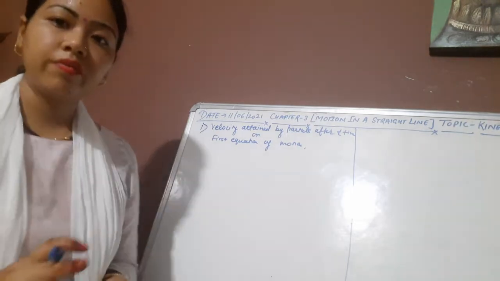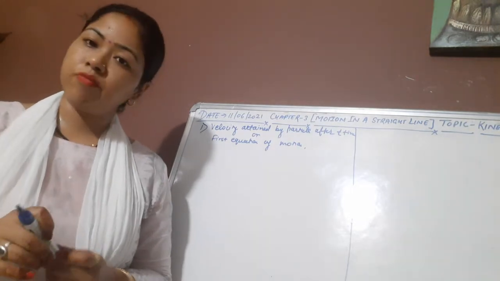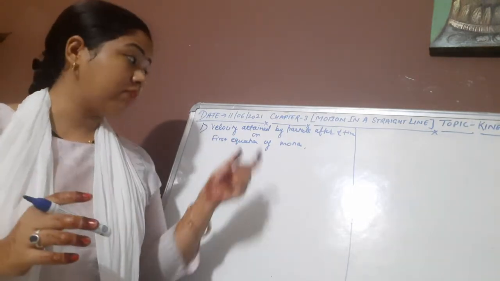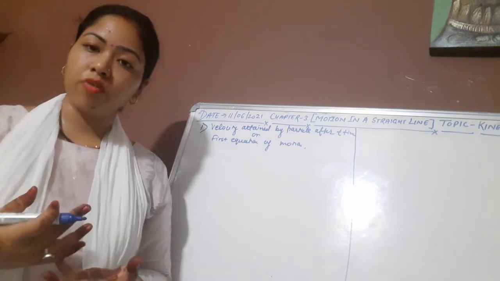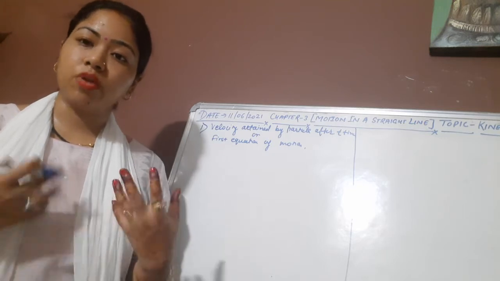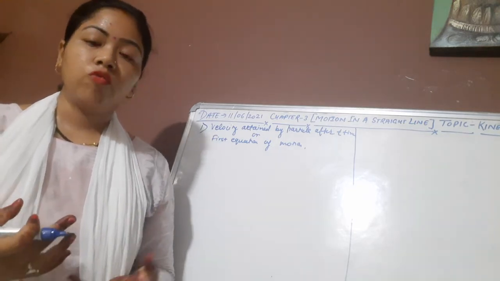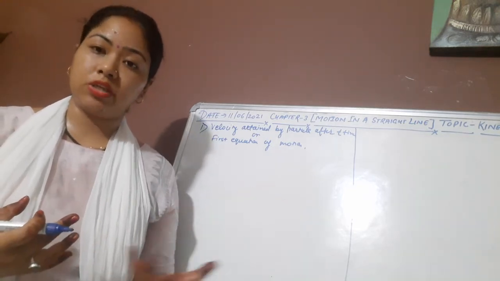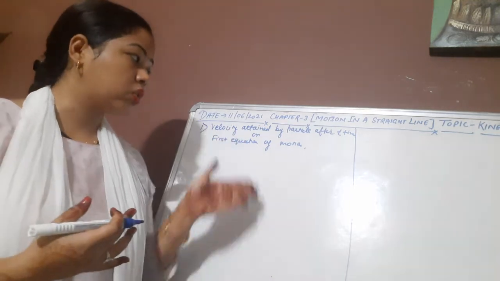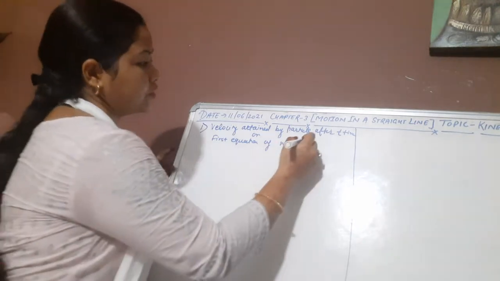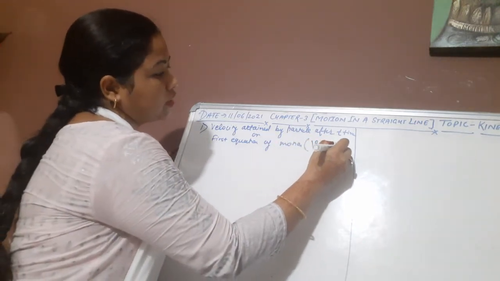So we will not plot any graph to derive this equation of motion, but with the help of certain formulas of velocity and acceleration, which are based on derivatives, on differentiation and integration, we will solve this equation of motion. So the first equation of motion, v equals u plus at.